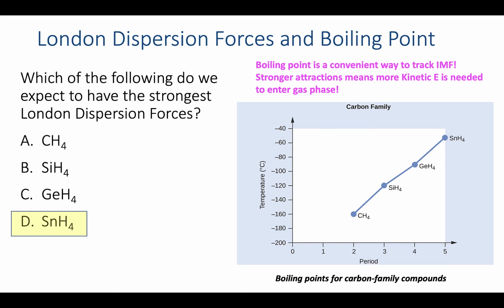And so what is it that's holding these molecules in the solid or liquid phase? That is, again, the intermolecular force. And a boiling point is a sign that the temperature is enough that the intermolecular force has been overcome, and therefore higher boiling point means a stronger intermolecular force.